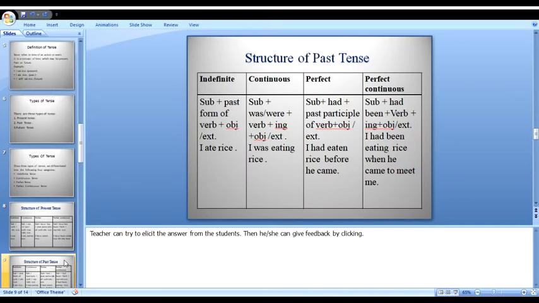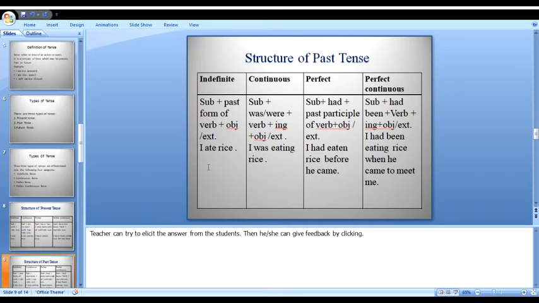Now come to the structure of past tense. So, what is past indefinite tense? Past indefinite tense denotes an action which happened in the past. The structure will be subject plus past form of verb plus object or extension.